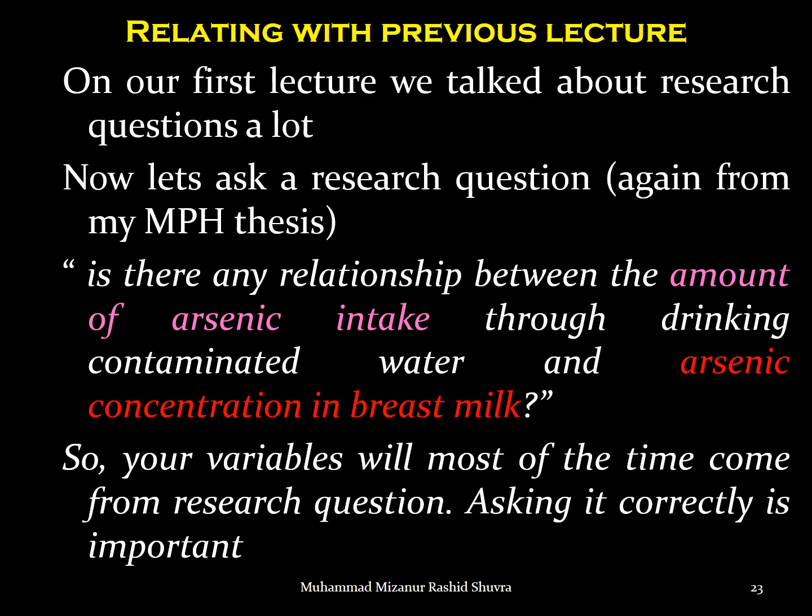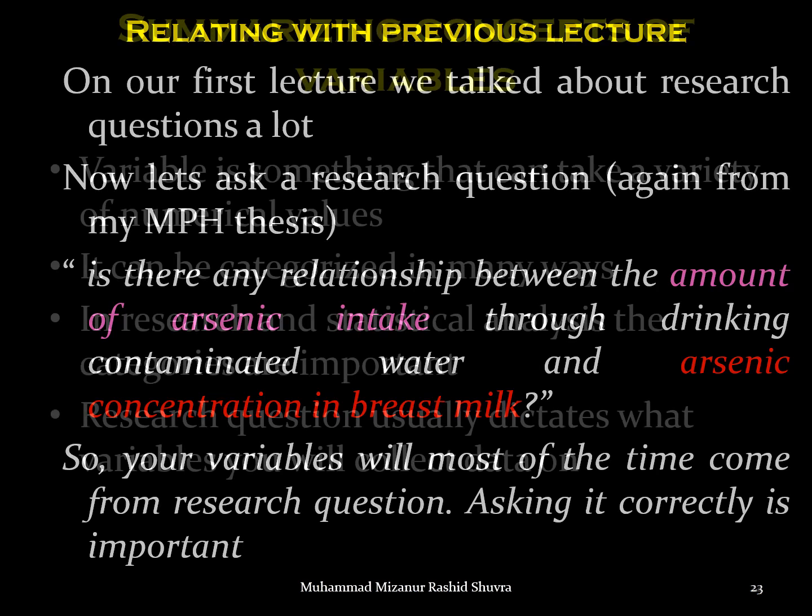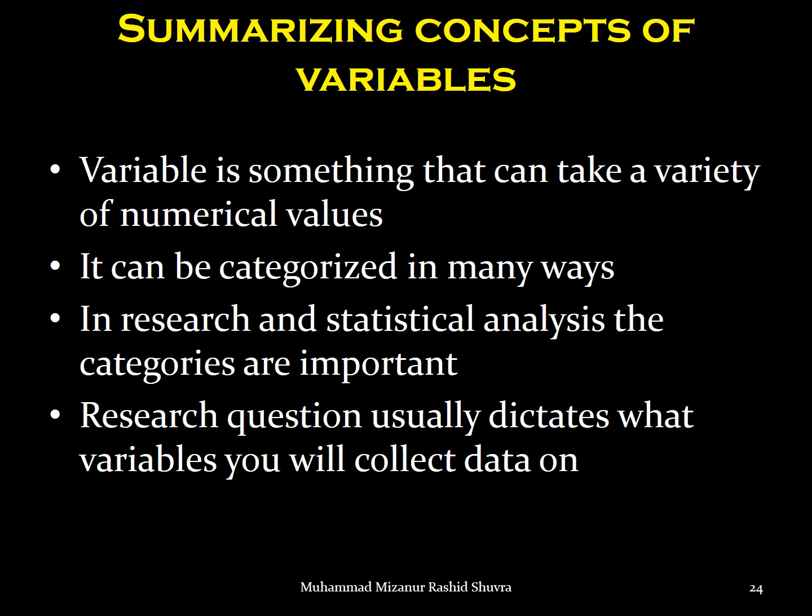Now let's conclude this by summarizing the concept of variable. The most important take-home message is: variable is something that can take a variety of numerical values, and that's why they're called variables, not a constant, which is really just as it is. It can be categorized in many different ways. Basically, we've talked about two different ways.